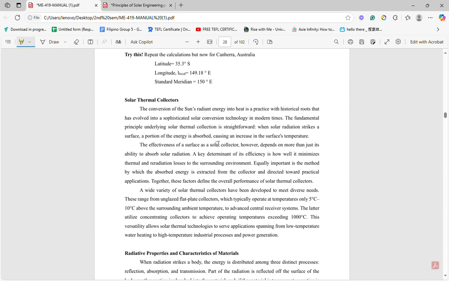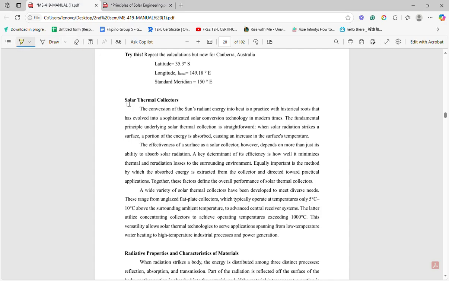Now, we talk about solar thermal collectors. The difference between solar panels and solar thermal collectors: in solar panels, or in our photovoltaic systems, we are more into getting the energy from light.